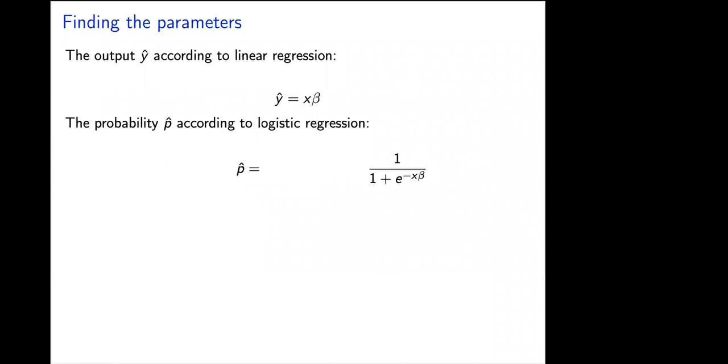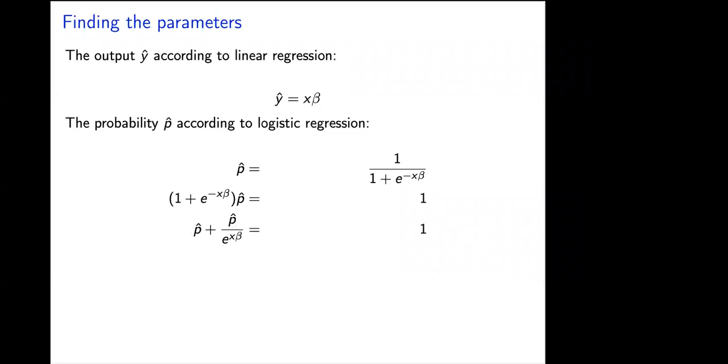So how do you find parameters like this? Well, you have this output that's according to the linear regression, and then you want to instead find a probability P that looks like this in the case of logistic regression. In order to find it, it's actually quite difficult to look for an optimal solution to something that looks like this, where you're looking for beta. So we're just going to multiply both sides by this.